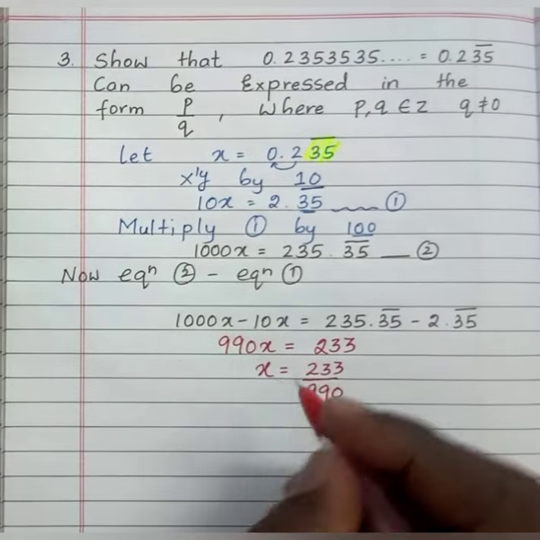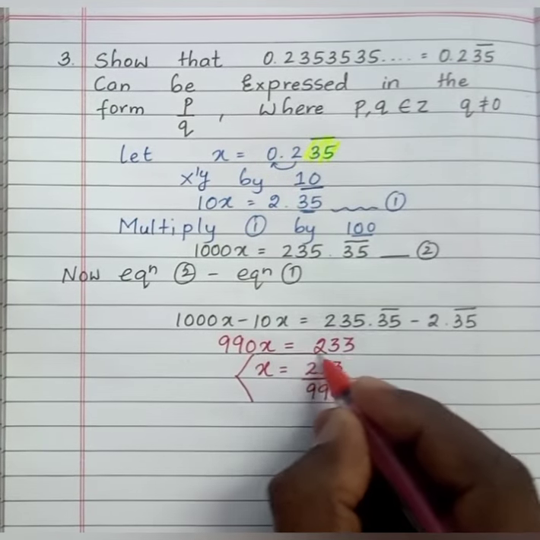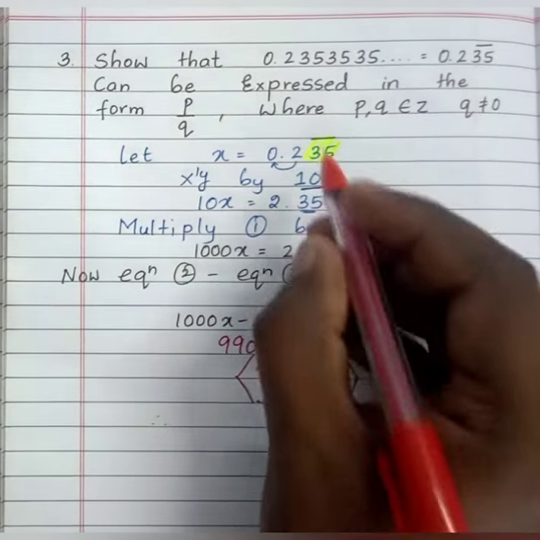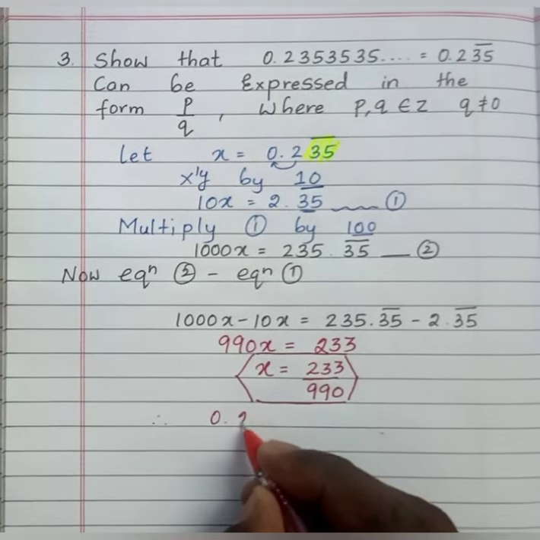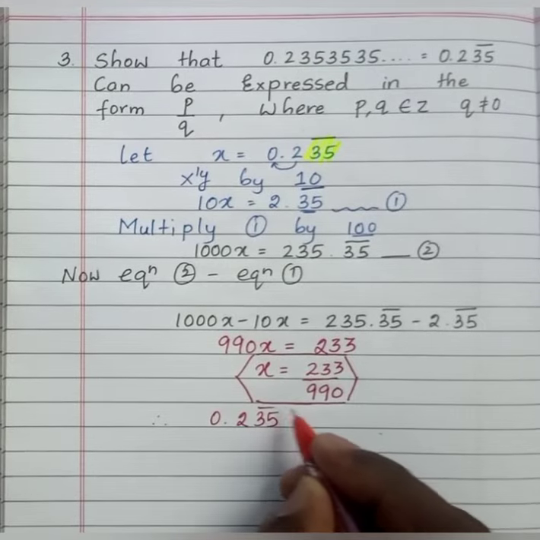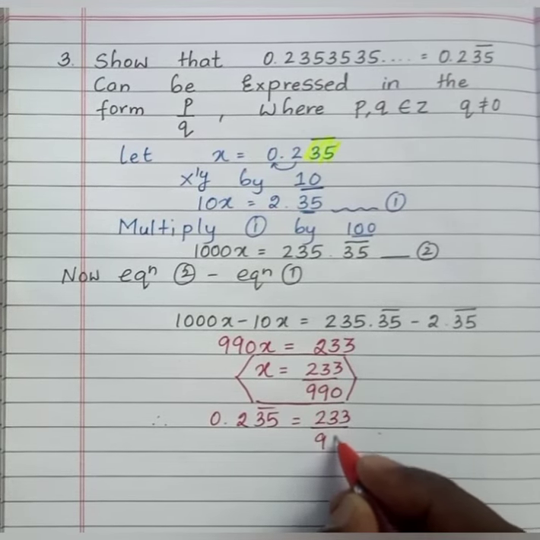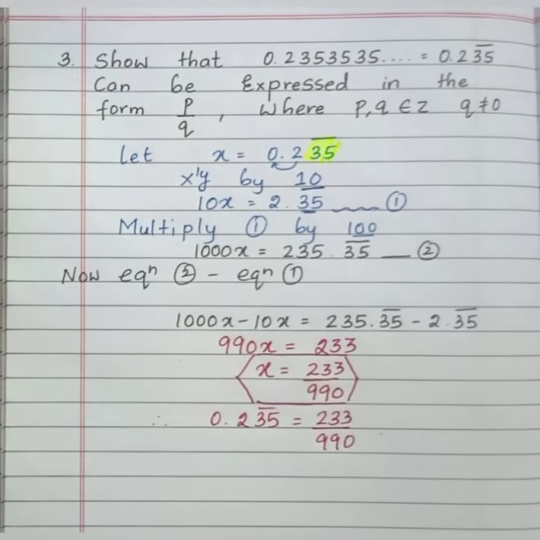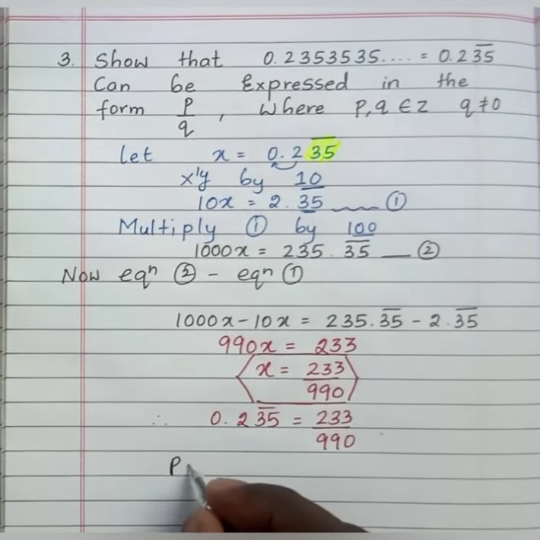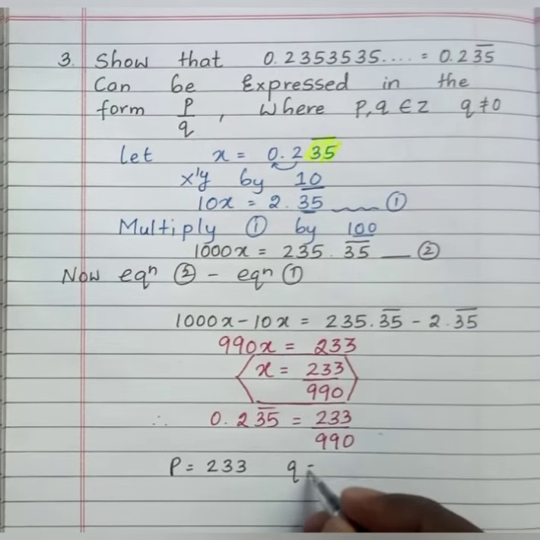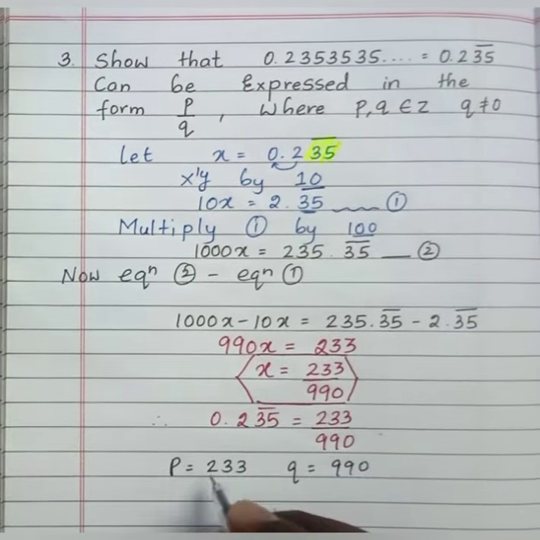Now there is no common factor between 233 and 990. Therefore x equals 233 divided by 990, where x is 0.235, where 35 is recurring, can be expressed as 233 divided by 990, where p equals 233 and q equals 990.